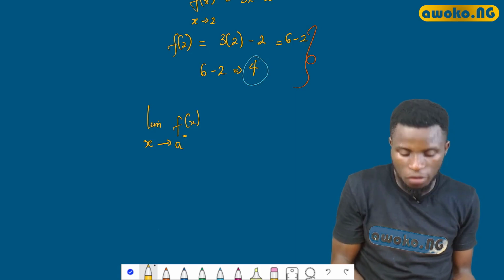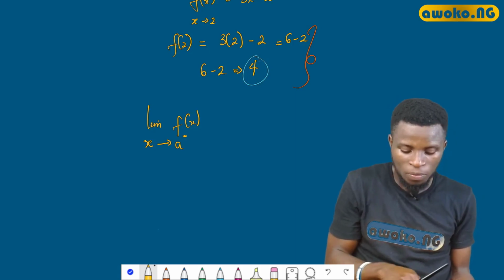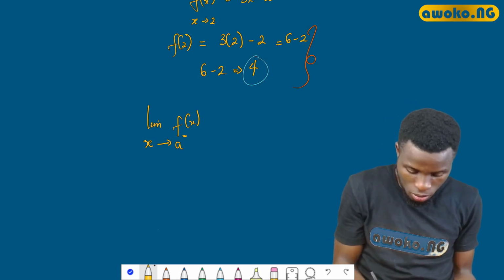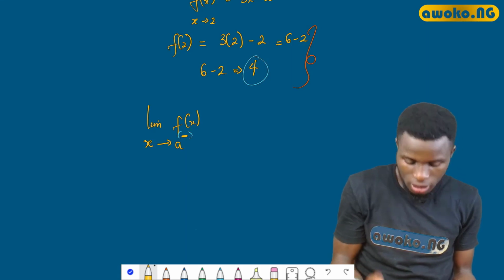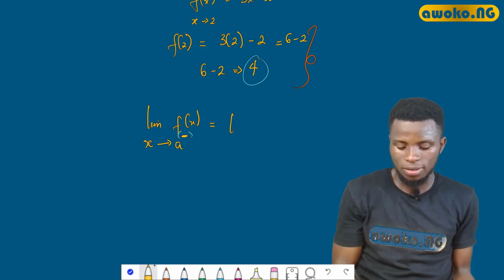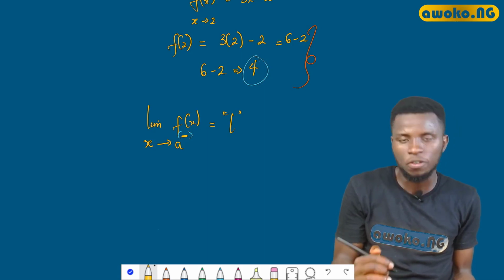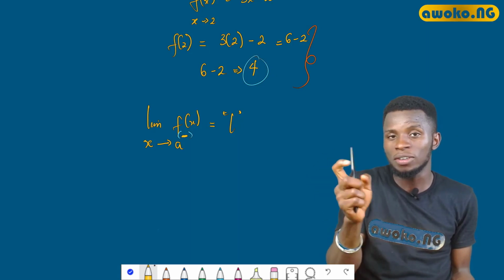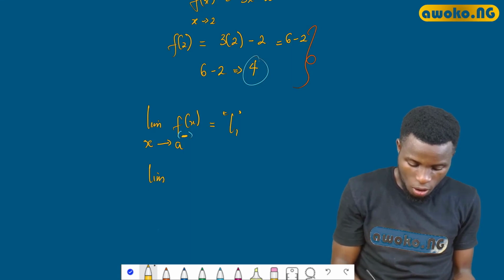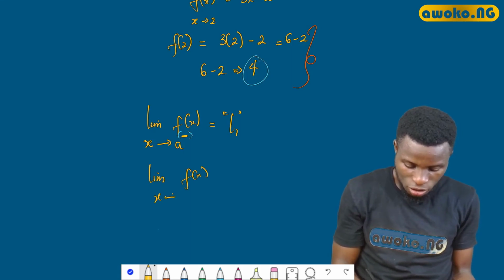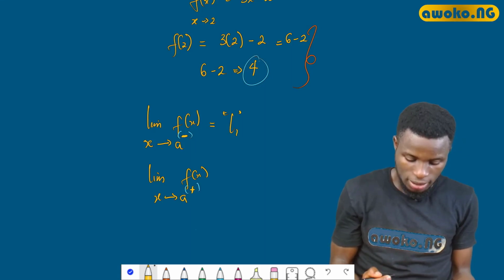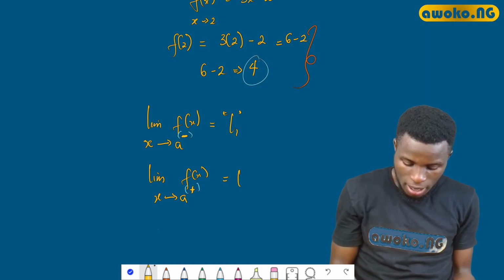So the limit of any function f of x as x tends to a particular number a from the left, which is differentiated using this negative sign on top, is equal to L1. And to differentiate this from the one on the right hand side, the limit of f of x as x tends to a from the right, which we denote using plus, is equal to L2.